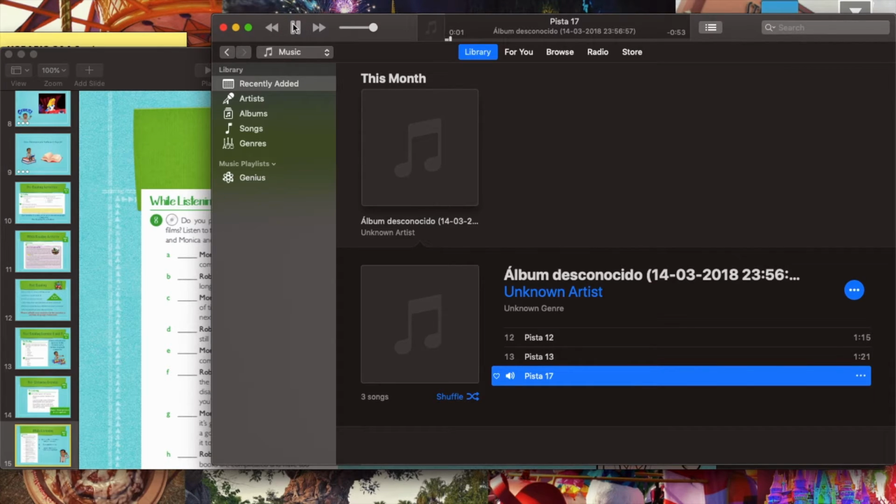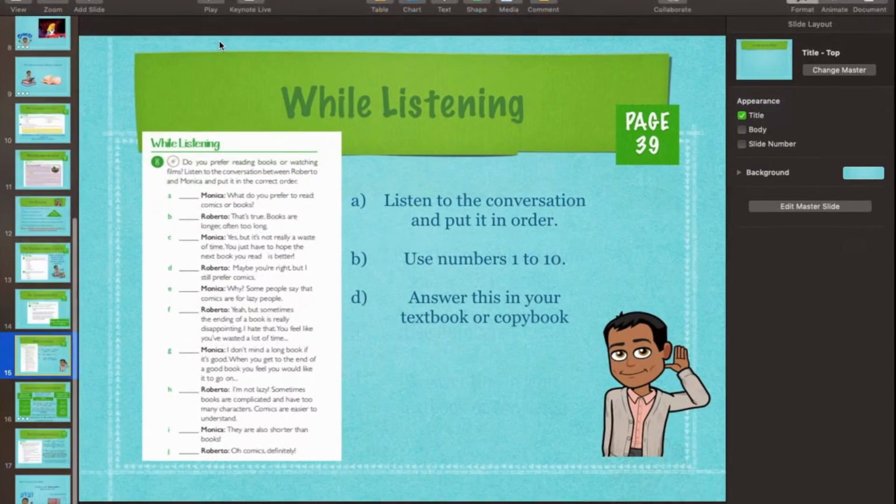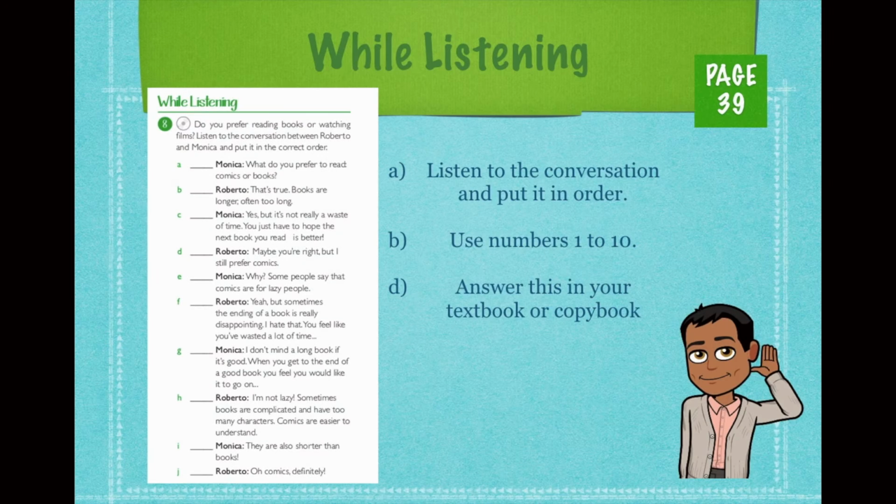Track 17, page 39, Activity 8. Do you prefer reading books or watching films? Listen to the conversation between Roberto and Monica and put it in the correct order. What do you prefer to read, comics or books? Oh, comics, definitely. Why? Some people say that comics are for lazy people. I'm not lazy. Sometimes books are complicated and have too many characters. Comics are easier to understand.